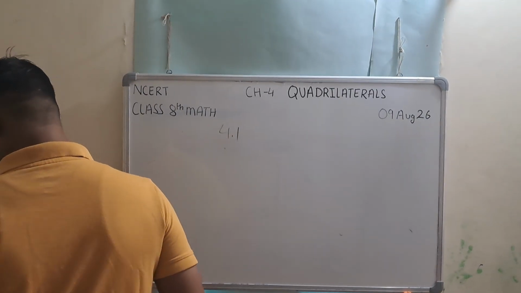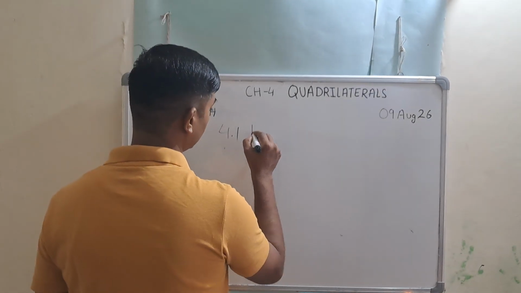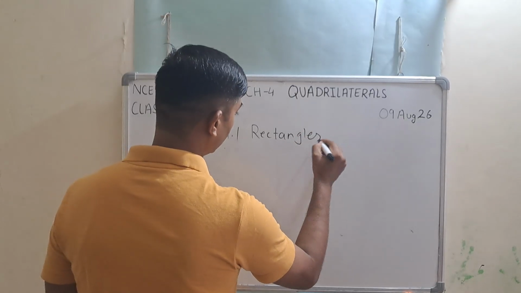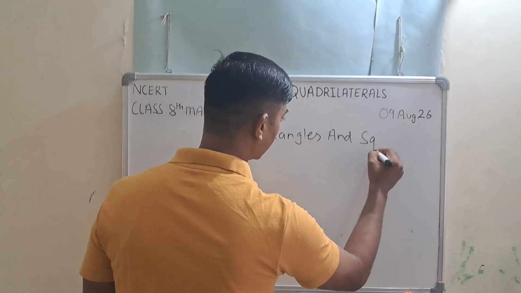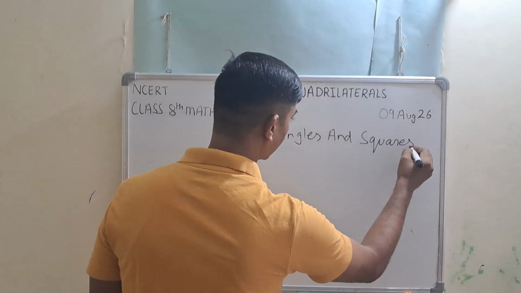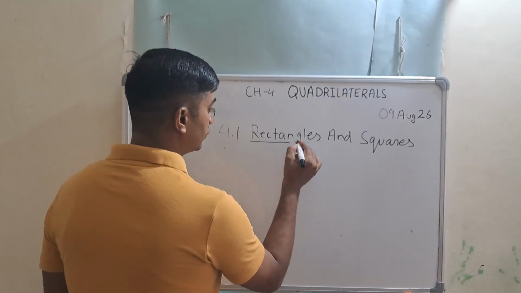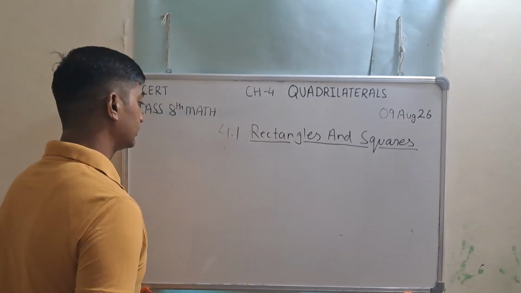This is your rectangles and squares. Your chapter starts with this topic, so we will also start with this.